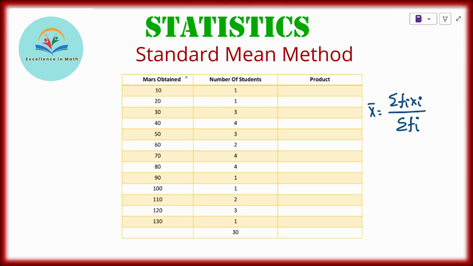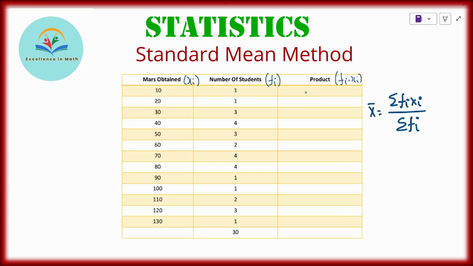Now let us try to understand each and every component of this formula. Xi stands for the class mark, fi stands for the frequency of that particular class mark, and fi xi is the product of a class mark with its frequency.